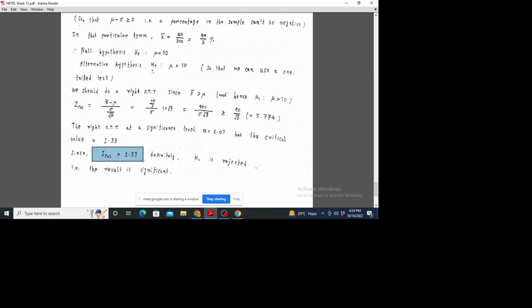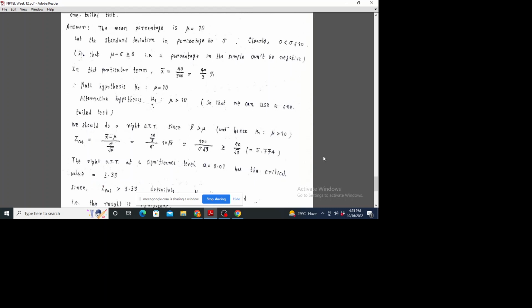So z cal must be greater than 2.33, and that means z cal lies in the critical region of this right one-tailed test at significance level alpha equal to 0.01. And since z cal lies in the critical region, H naught has to be rejected.